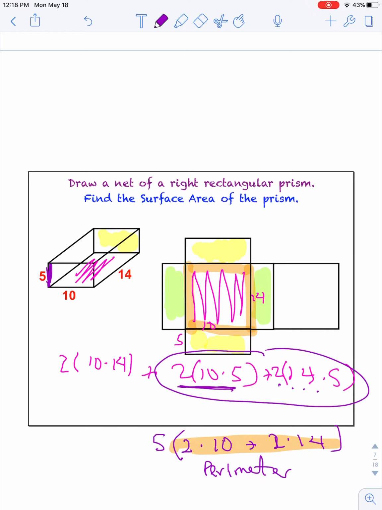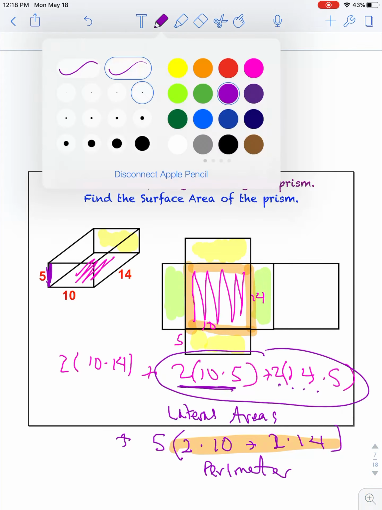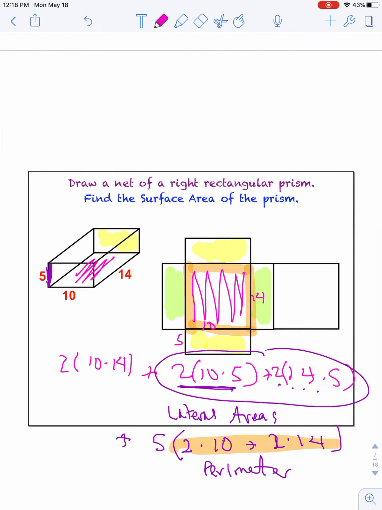So, to calculate the lateral area, that's all of our lateral areas, all we have to do is take the perimeter of the base, multiply it by the height, and then we add that to the area of the base. So this is the area of the base, and we multiply that by 2 because we have two of them.